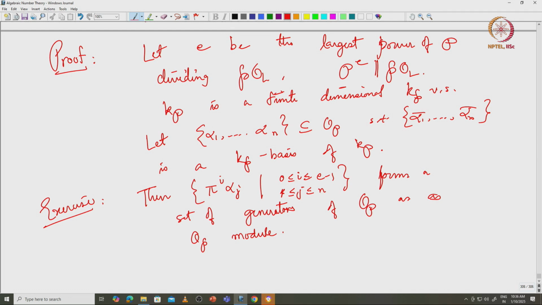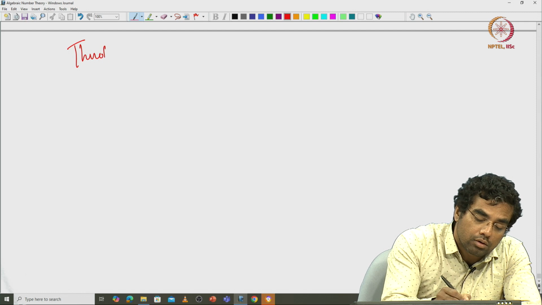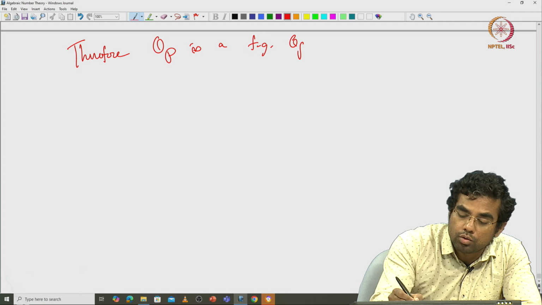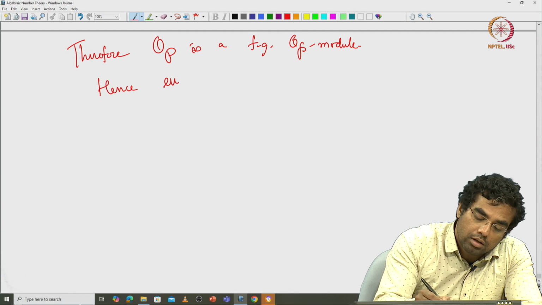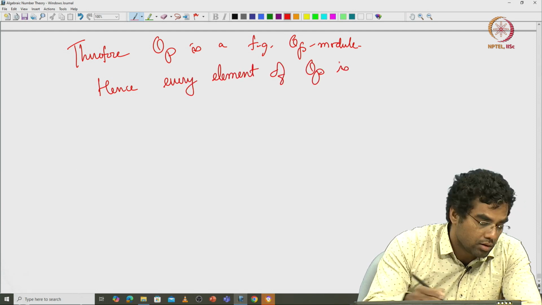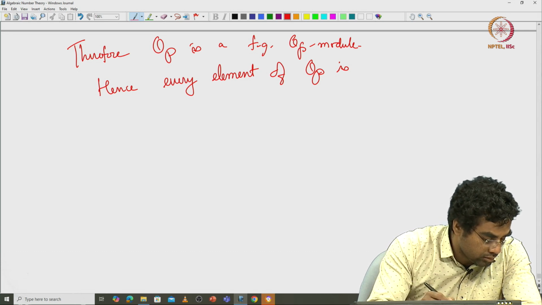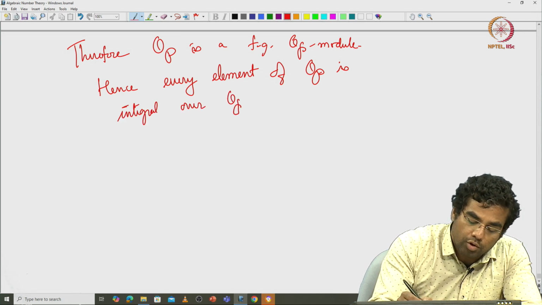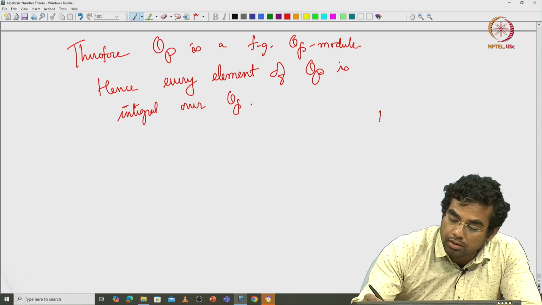That is roughly the idea, and therefore O sub P is a finitely generated O sub small p module, hence every element of O sub P is integral over O sub small p.